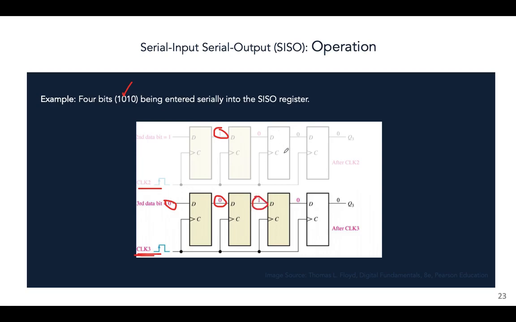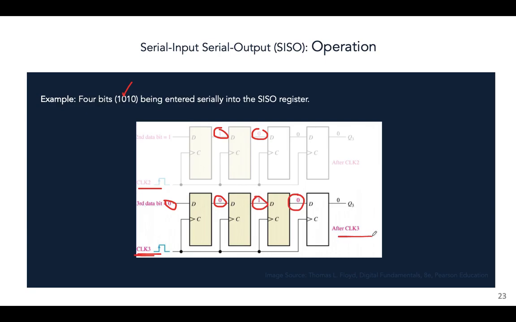The third flip-flop had gotten 0 previously, so its output is 0. And you can see how the bits are shifted from left to the right. And that is why it's a shift register, and that is why it's a serial input shift register, because the data is going in serially.